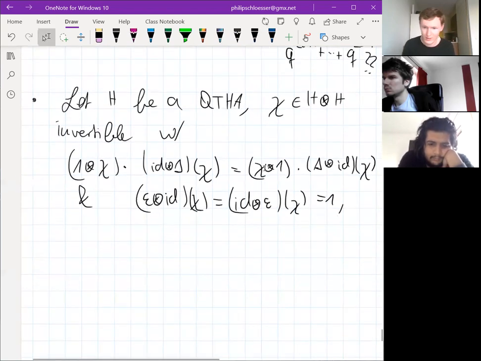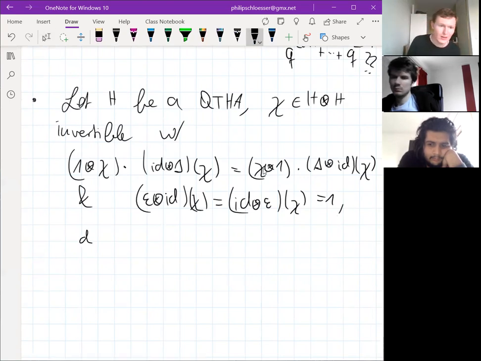Then we can define the so-called Drinfeld twist of this QTHA.